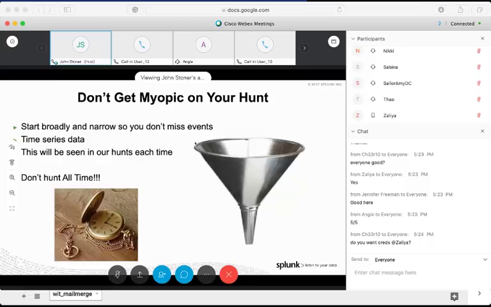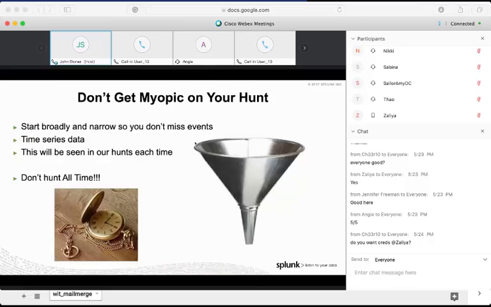Some of the things to be thinking about as we look at this, and we'll throw some hints out as we go through, is that generally you want to start broadly with your searches and then narrow them down so that you don't miss events. If you make a search way too specific, you may find that you've narrowed it too far and start missing things.